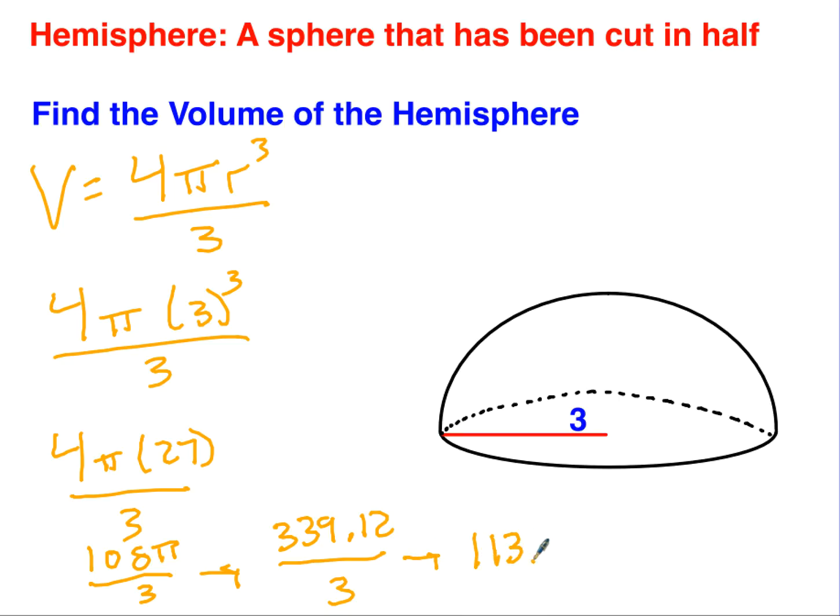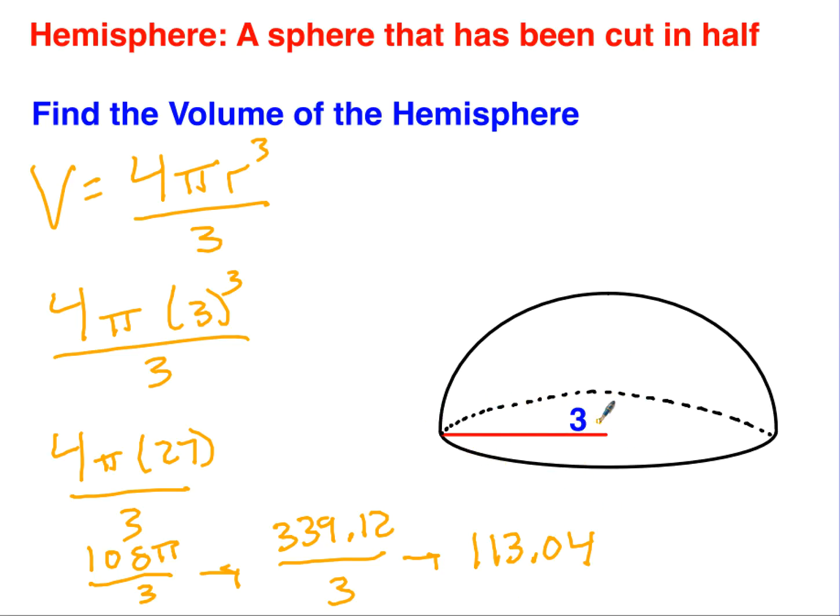So let's do a quick recap because I went through that really quickly. I wanted to find the volume of this hemisphere, and because the hemisphere is half of a sphere, I used my volume of a sphere formula. I just found the volume of a sphere with a radius of 3. And this is my work to solve. 113.04 is the volume of this whole sphere.